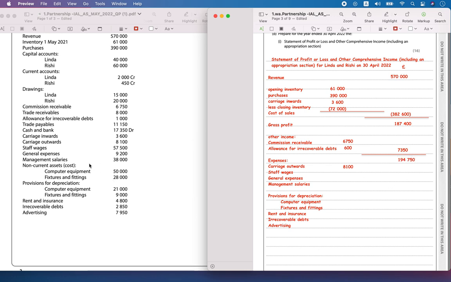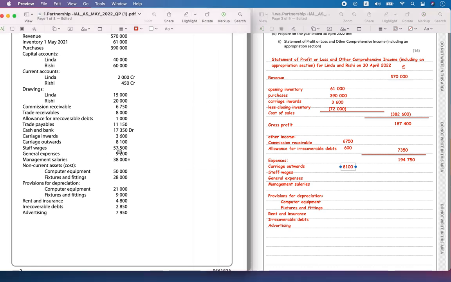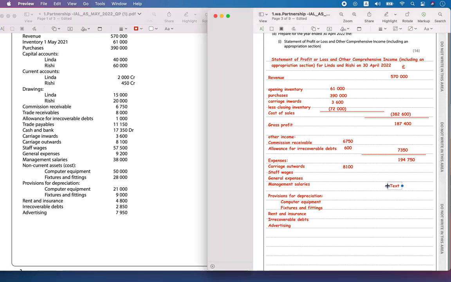Now let's write all the expenses. Carriage outwards, as I already mentioned, is paid by the business for delivering the product, so that's 8,100. Then staff wages 57,500.